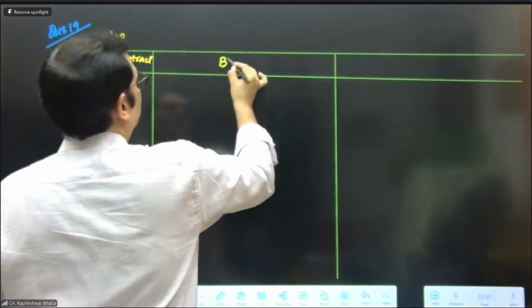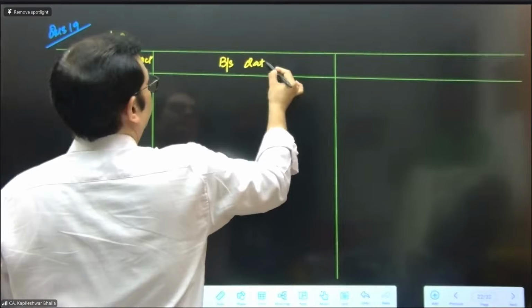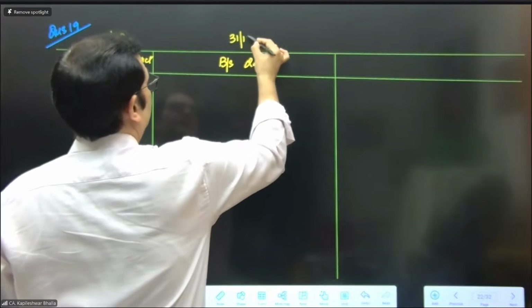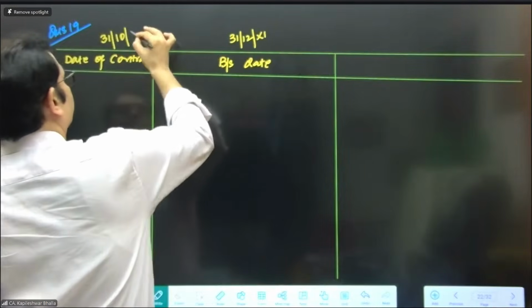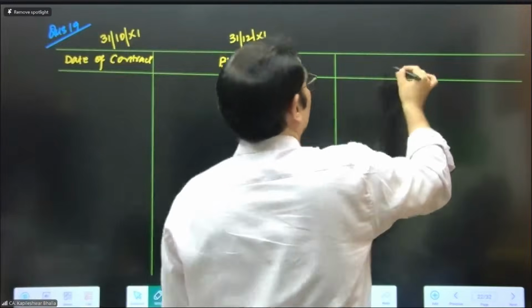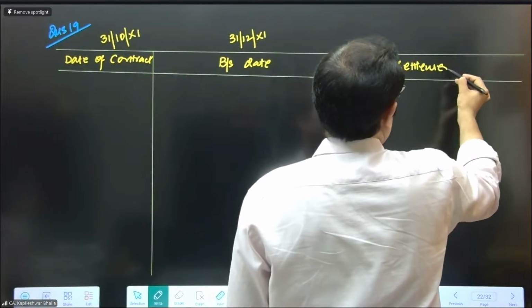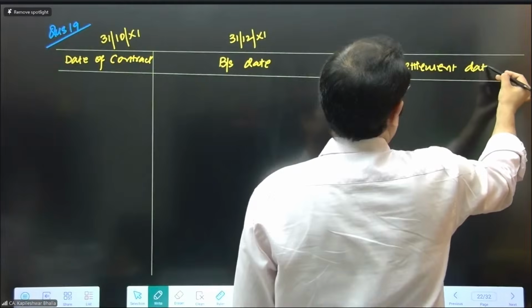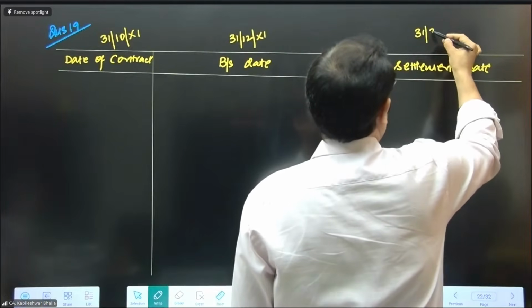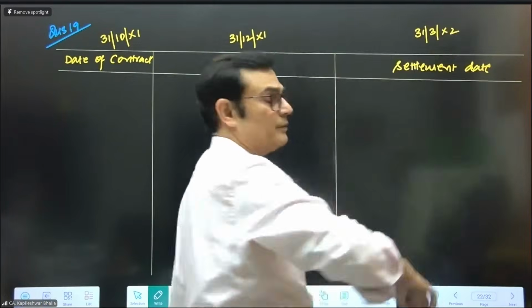Then the balance sheet date becomes important, that is 31st December X1. And then the settlement date becomes important, which is 31st March X2.